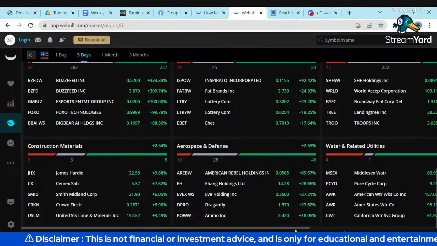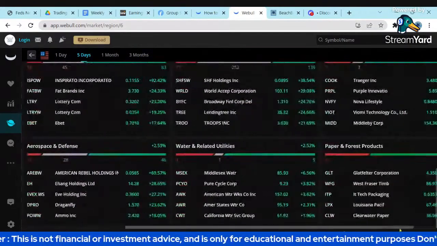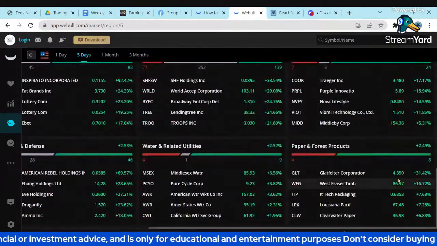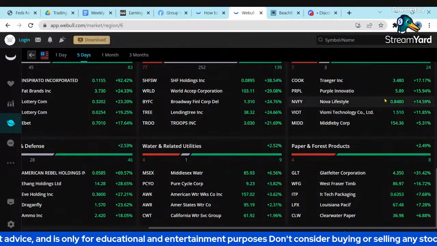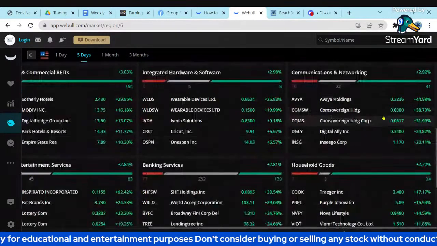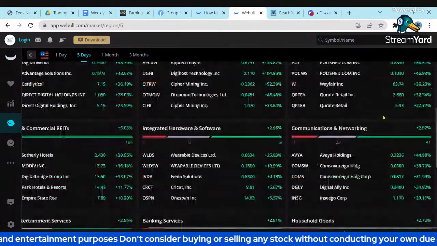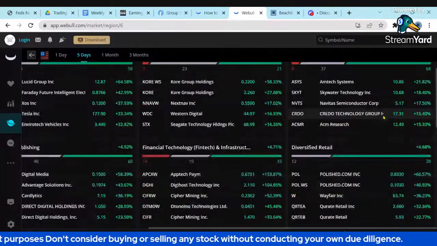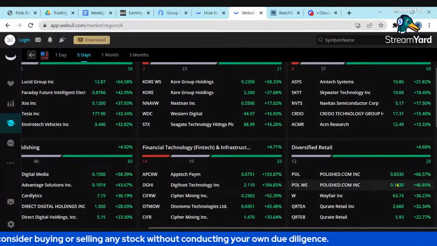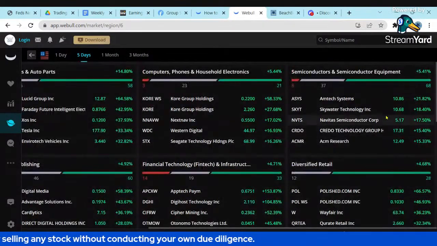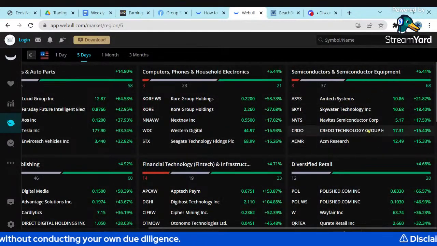Construction, so again, a lot of construction was positive. I guess people figured the bottom was in on construction. Paper products, utilities, so a lot of positivity this week. Retail was even positive, and again, semiconductors was positive as well.